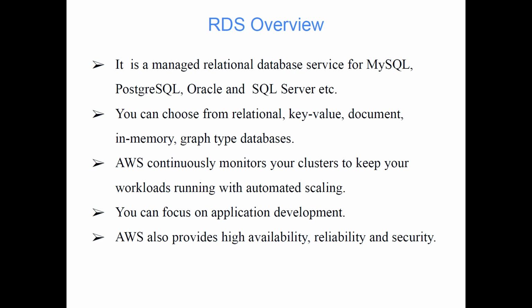When we say high availability, it means that in case your application is critical, specifically for production, you can keep your RDS running in multiple availability zones, so that for the end user, in case unfortunately one server is down, your request will be immediately redirected to another server.